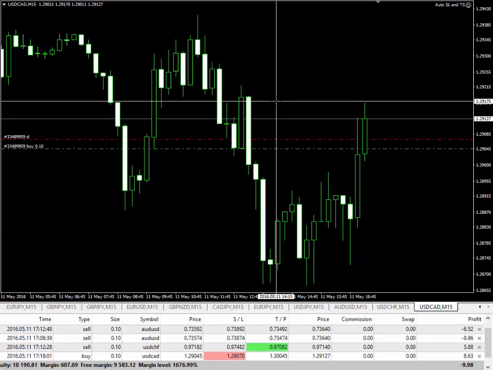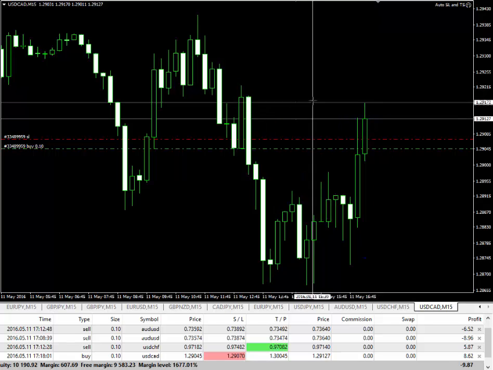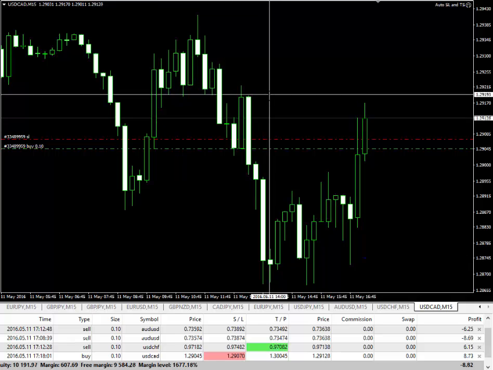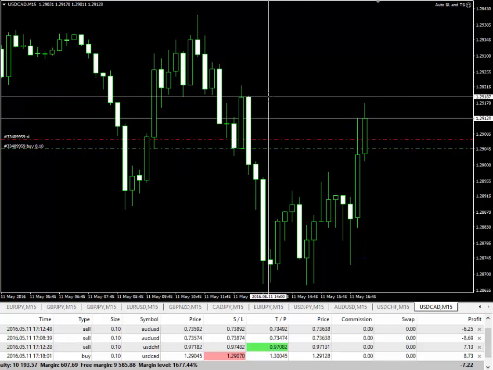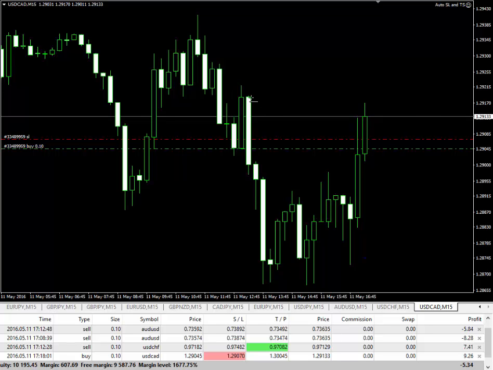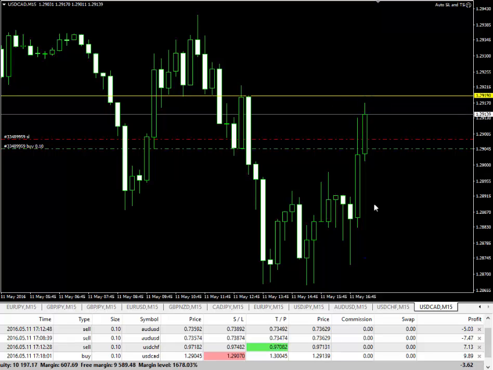Now here is your previous support, previous resistance at this level. Okay, now I'll put a line here at this level. And most probably it will hit it and come back again. So why not take profit here?